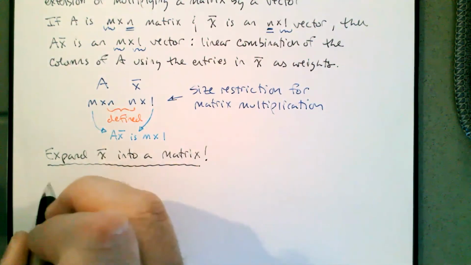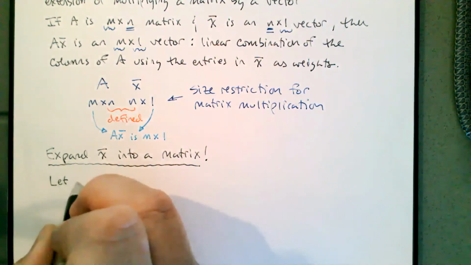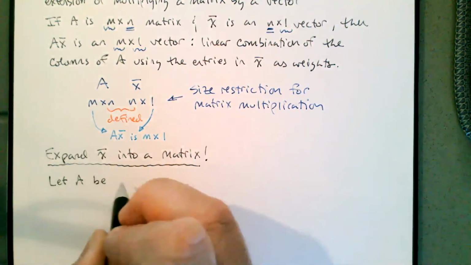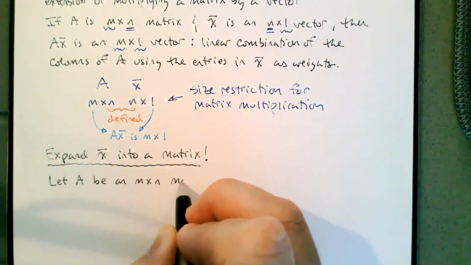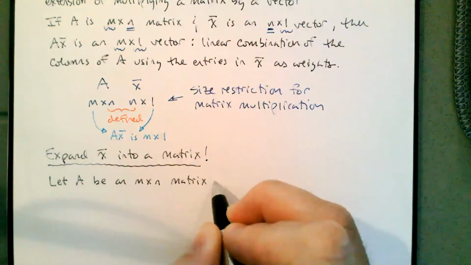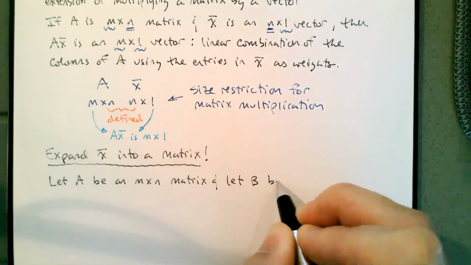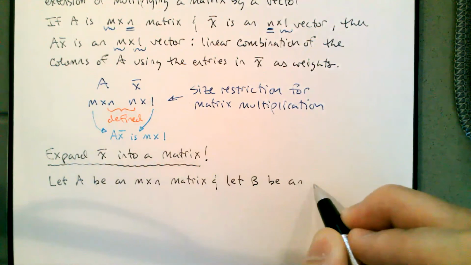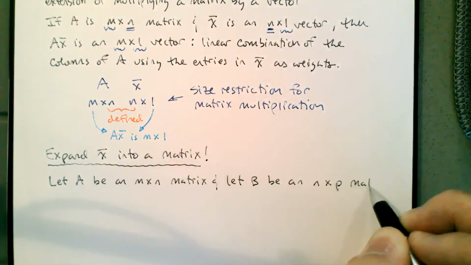So let's let A be an m by n matrix, and let's let B be an n by p matrix.